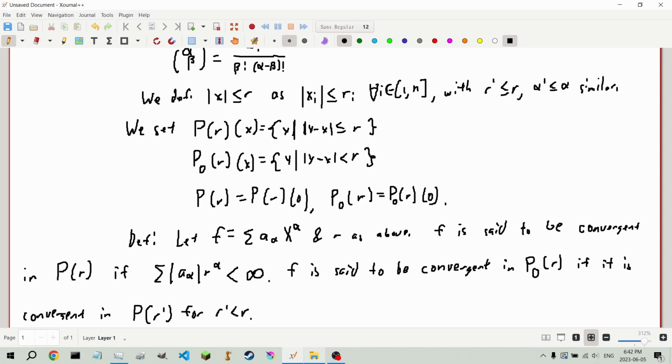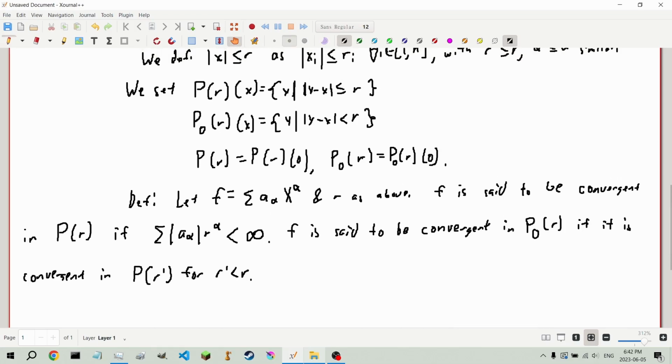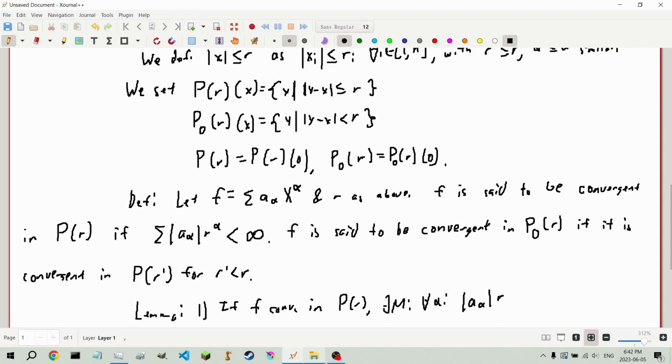And now we get our first lemma here. We're going to let f and r be as above. We're going to keep our f and r. First off, if f converges in the polydisk of radius r, there exists a constant m such that for all alpha, the size of a_alpha times r to the alpha is at most m.